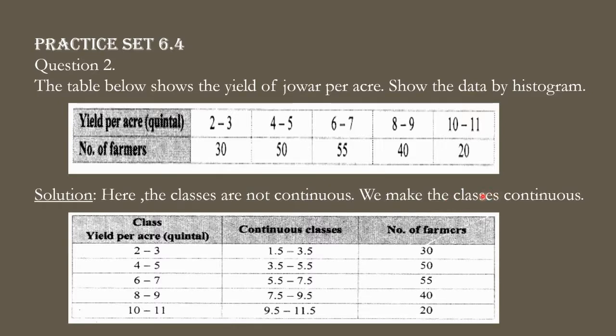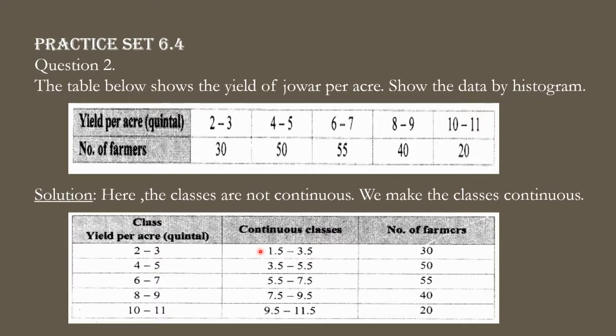And solution. First we have to make a table with 3 columns. The first column is the class, second column continuous class, and third column number of farmers, which is the frequency. First column is 2 to 3, 4 to 5, 6 to 7, 8 to 9 and 10 to 11. How to change this into continuous classes?